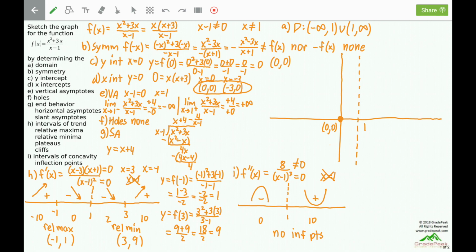If we find the origin to be the y-intercept, one of the x-intercepts at the very least will also be the origin. It's crossing both axes. We also have -3, 0 as the other x-intercept. We can label that one as well.